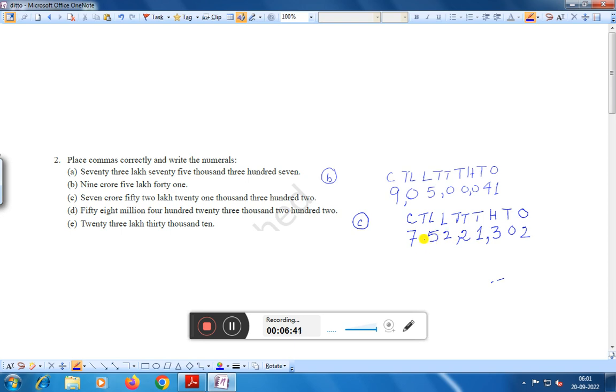After 2 digits you have to put another comma, right? That means 7 crore 52 lakh 21,302, right? This is C. Now question number D.